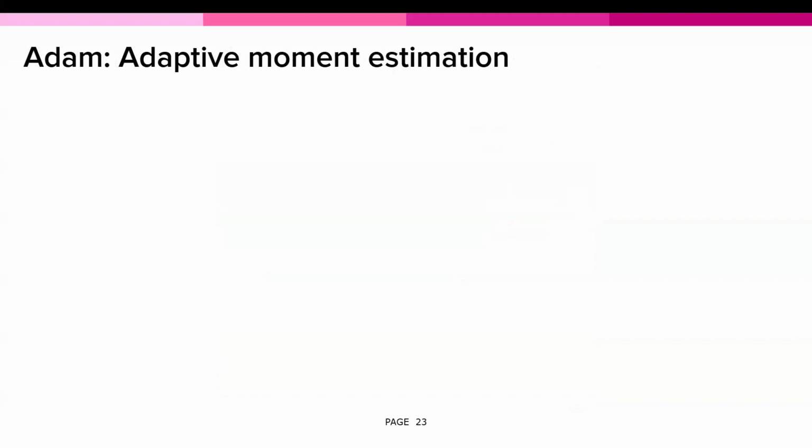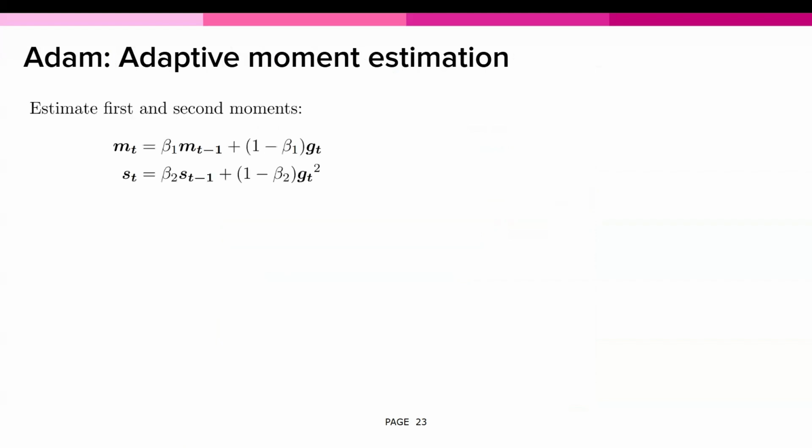While all of these optimizers are still in use by practitioners today, by far the most popular one is called Adam, which stands for adaptive moment estimation. It uses the gradient to maintain an estimate of both the momentum, the first moment, and its variance, the second moment. In the Adam algorithm, there are two terms calculated to estimate the first and second moment of the gradient.